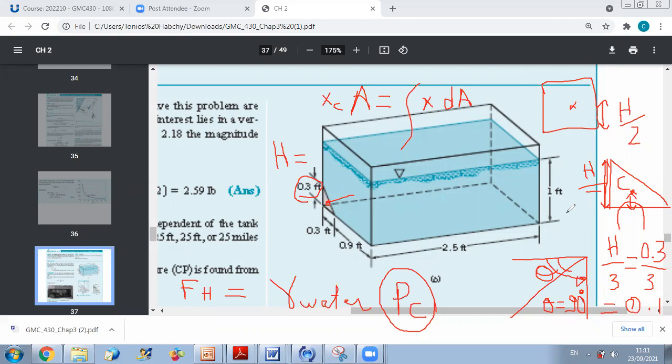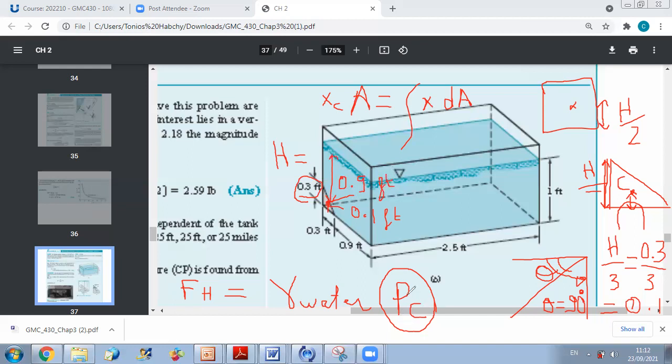Okay, so now we know that the centroid is at 0.1 feet from the base. So the distance from the centroid to the free surface will be 1 feet minus 0.1, so the depth of the centroid will be 0.9 feet.